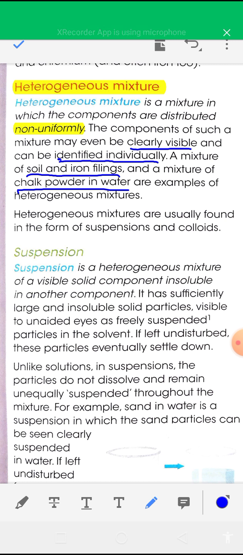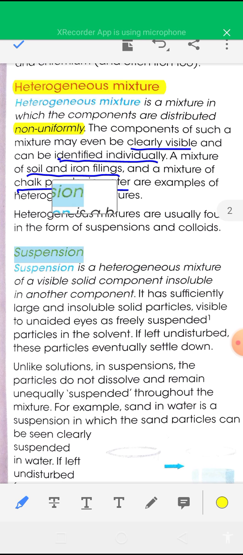Heterogeneous mixtures are usually found in the form of suspensions and colloids. So first I'll discuss suspension. What is a suspension?